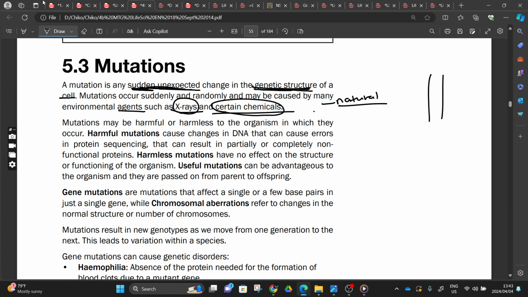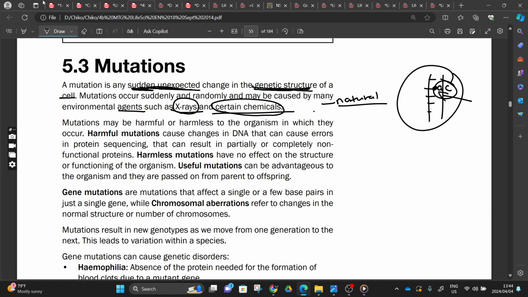Let's just take for example, the cells are undergoing DNA replication, and the complementary strand is being produced, and then the X-ray comes and causes one G here to change structure, and then you find that G now, instead of pairing with C, is now pairing with another G. So there, it will be a mutation caused by an X-ray or certain chemicals, right? Some chemicals can cause mutation.